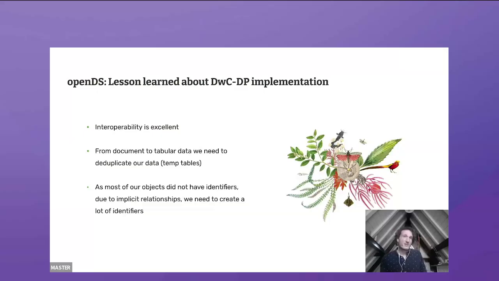So what we did need to do was create a lot of identifiers, which we do through an MD5 hash of the object. Then we needed to duplicate all the information, where we use temporary tables. We hash those and use those hashes as primary identifiers for the object, put them in database tables, and then dump those to CSV files so that we get the data package structure that we want.